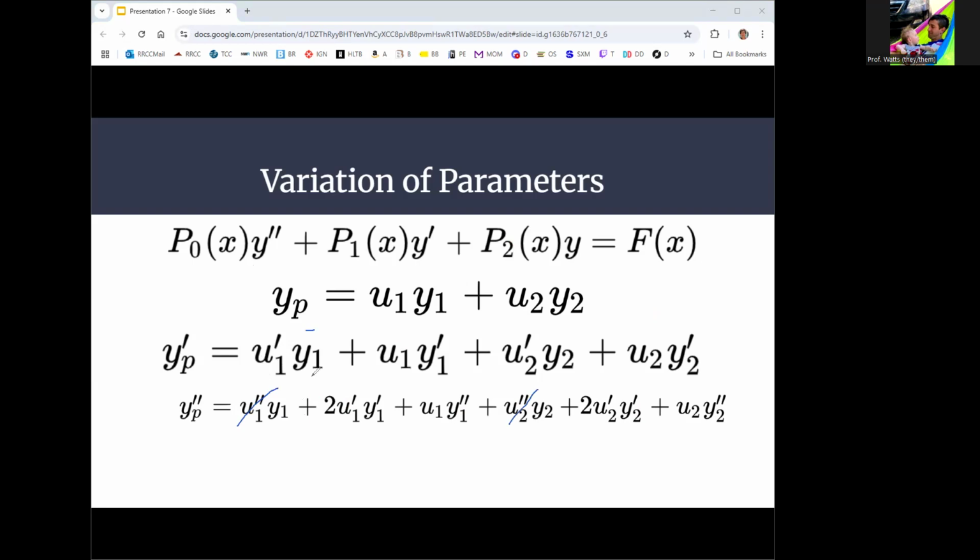If we were to take u1 prime y1 and u2 prime y2 and say that those add up to 0, then we would only have the other two remaining terms, and we would get a much simpler second derivative that doesn't have u1 double prime and u2 double prime, and would actually allow us to solve for u1 prime and u2 prime. So that's the basis for it. You kind of restrict the format of the particular solution, but it allows you to solve for u1 and u2.